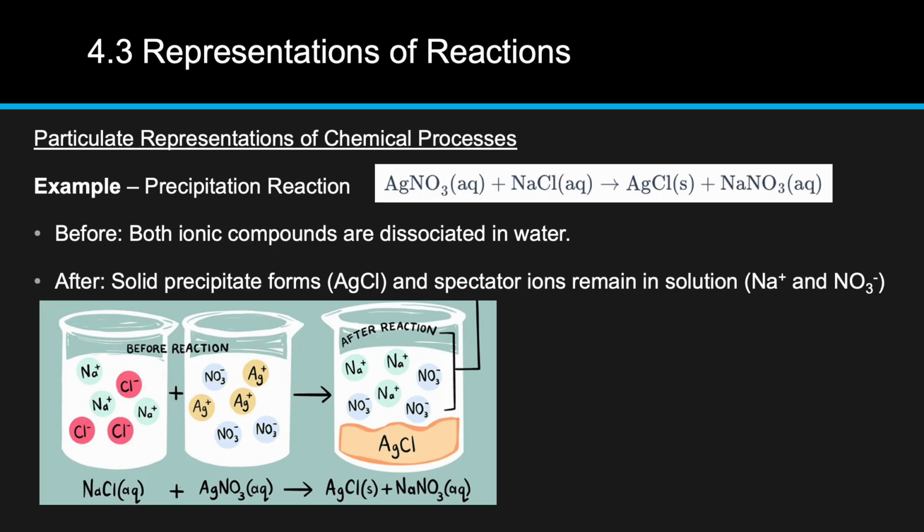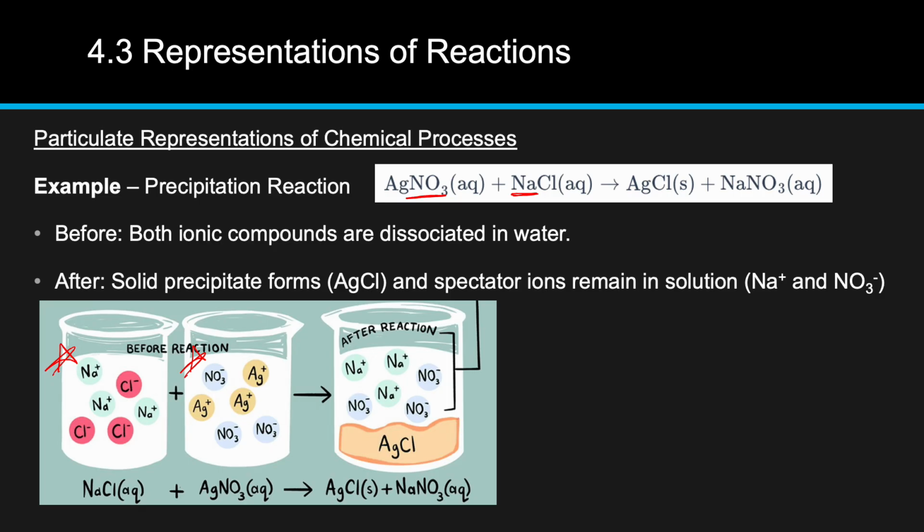And remember, we know that they are soluble in water because silver nitrate has nitrate in it, which is part of our solubility rule, and sodium chloride has sodium in it, which is part of our solubility rule. So we know both of these are ionic compounds that are soluble in water. So when we look at them at the particle level, both of them are going to dissociate into ions, which we can see here in our two beakers of our dissolved ionic solids.